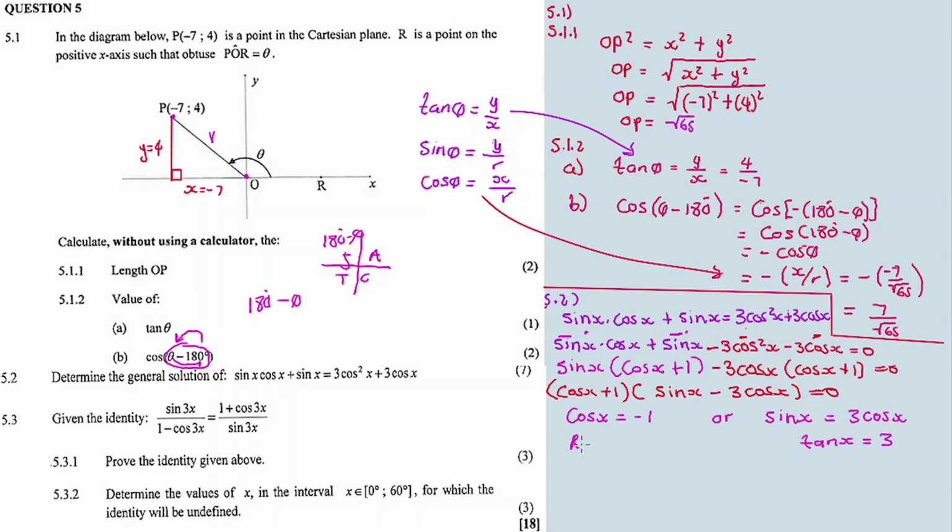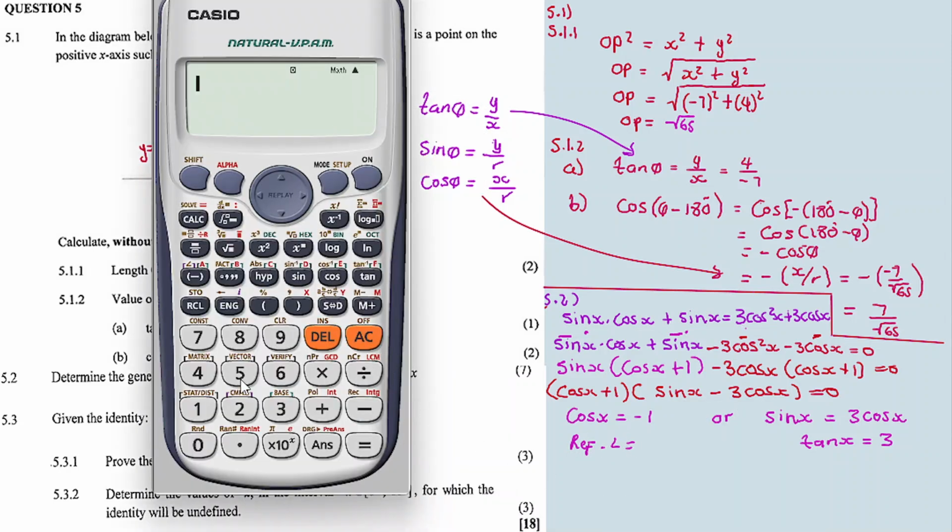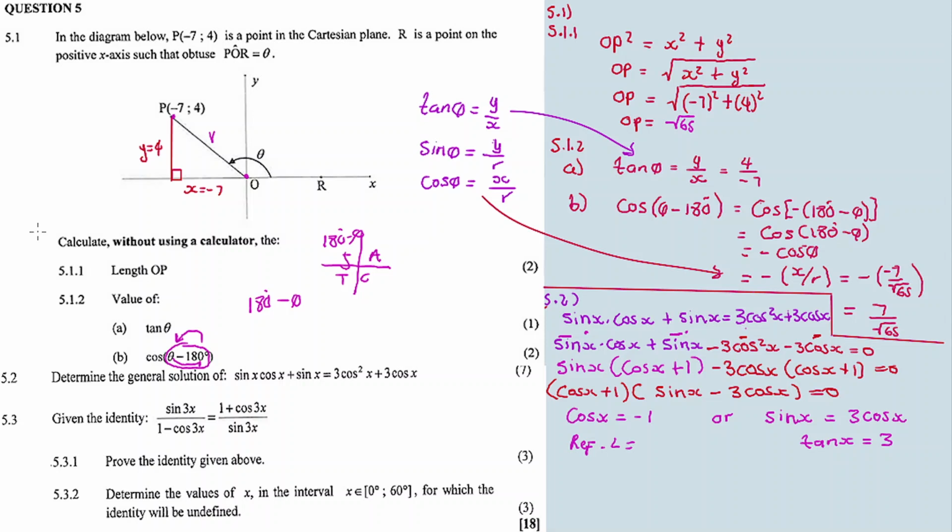Therefore I want the reference angle for this one. The reference angle, shift cos is equal to what? 0 degrees. But for this one, here it's 0 degrees, my reference angle, right? This is my reference angle. Therefore x will be equal to 180 degrees minus 0 degrees.